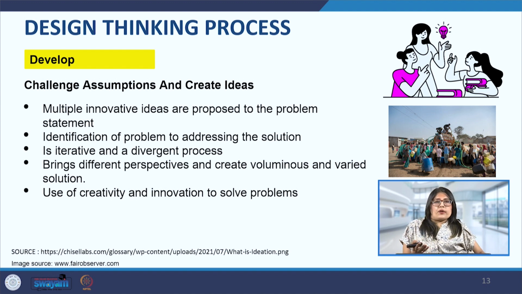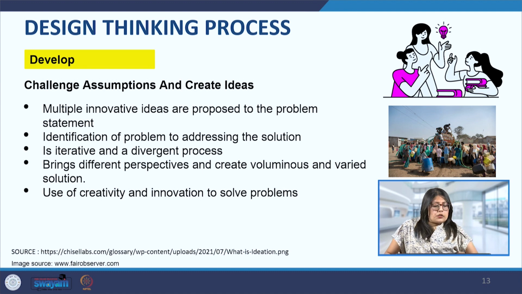For the same example that we just saw, the water scarcity problem, we may think of how the water can be delivered through the road transportation network, or through railway, through air, or maybe we should teach them about the rain water harvesting system. There can be several of these ideas that can be developed. So this is how we'll come up with the development of the solution, taking the problem definition forward.